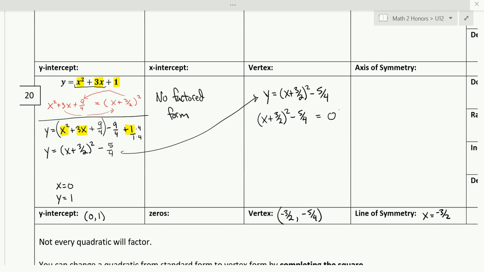We do not want to get rid of the squared part. You want to solve for the squared part, and then we'll take the square root. So solving by square root will be our method. I'm going to move that negative 5 over 4 to the right-hand side by adding 5 over 4. We get x plus 3 over 2 squared is equal to positive 5 over 4.